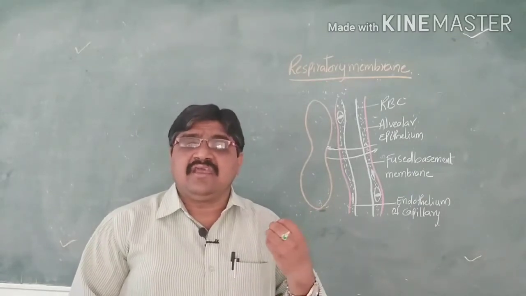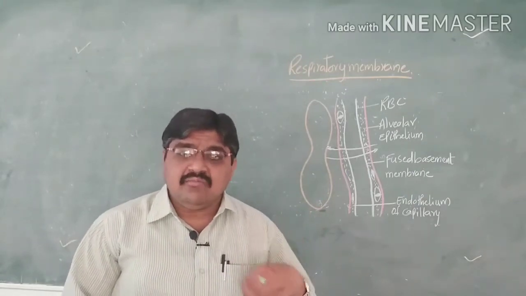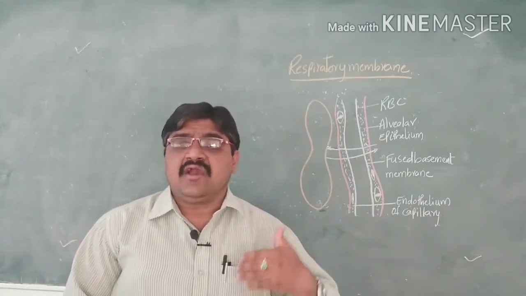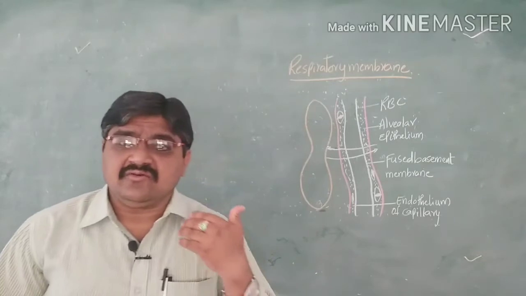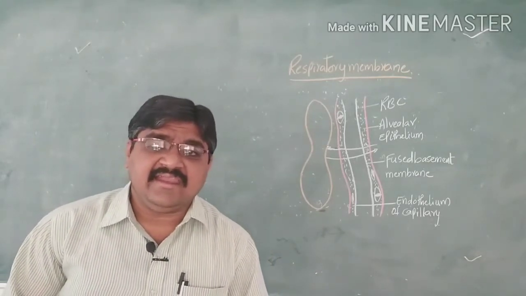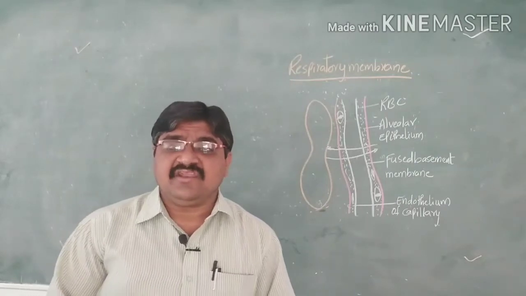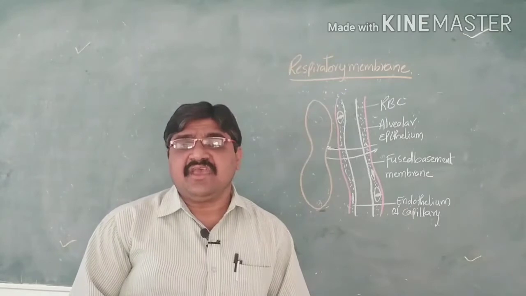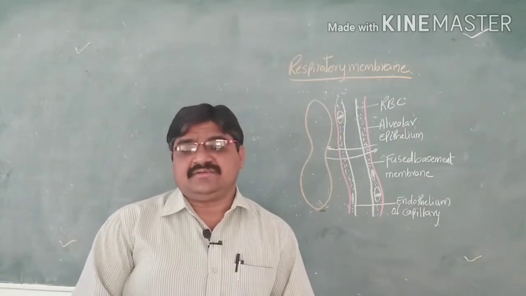Inspiration means taking air into the body, or inhalation. Exhalation means sending air out of the body into the surrounding environment. This is the mechanism of breathing, which is a very important concept.